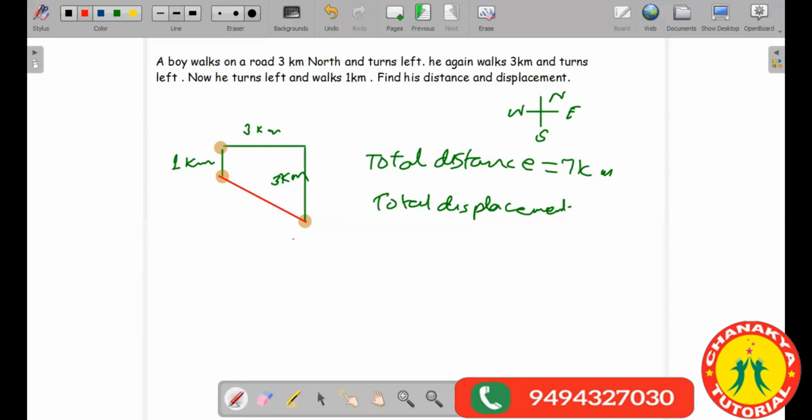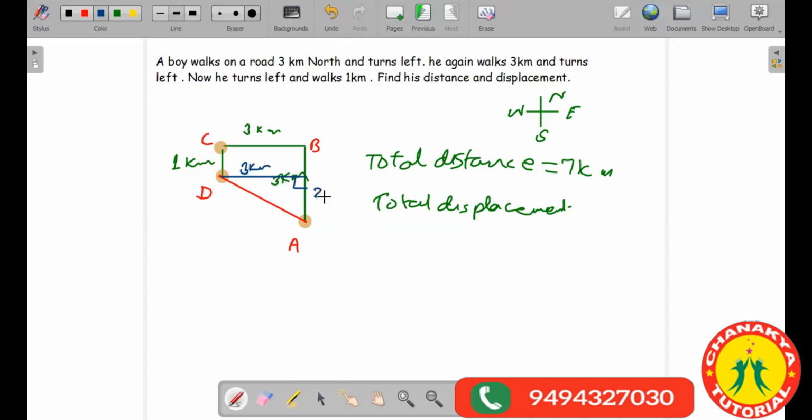Now let's mark all the points. Let these points be A, B, C, and D. To find out this displacement, we need a proper way to calculate this AD. For that, we draw a perpendicular like this, and hence we can use the Pythagoras theorem in the triangle. The base would be 3 kilometers.